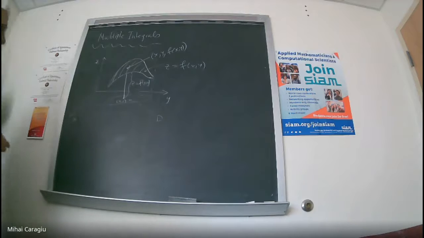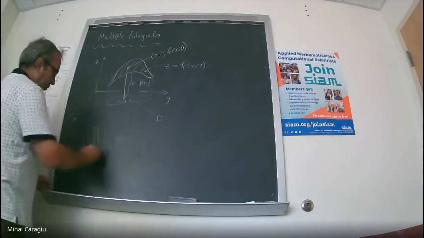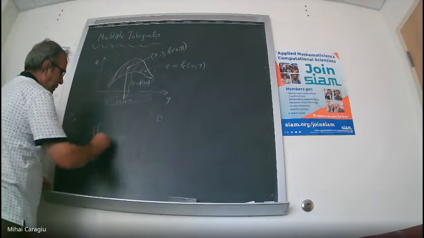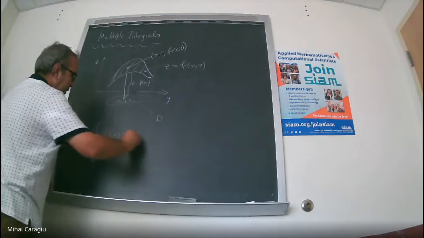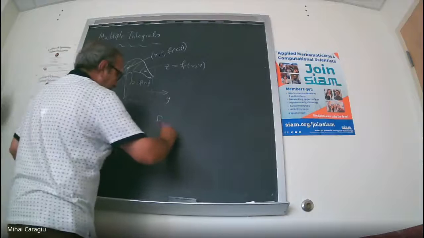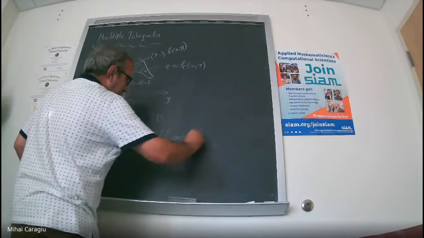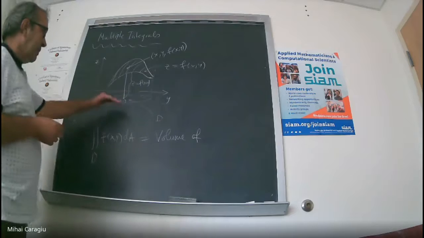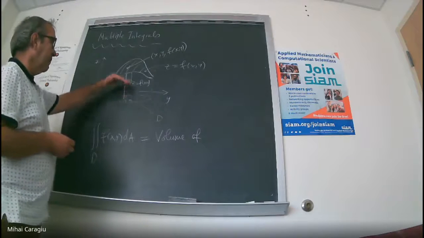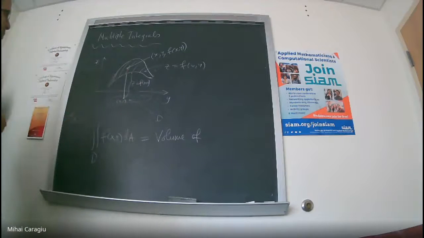And now, the double integral over the domain D of the continuous function f of x, y dA is the volume of the solid in 3D, which is above the domain D and below the surface z equals f of x and y.